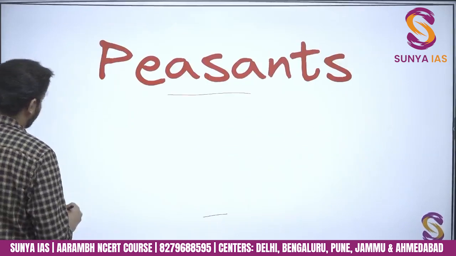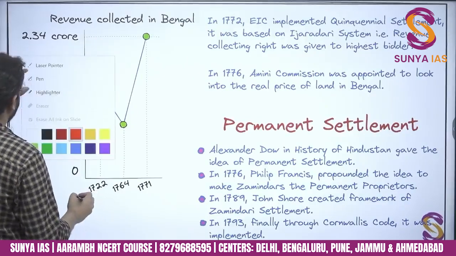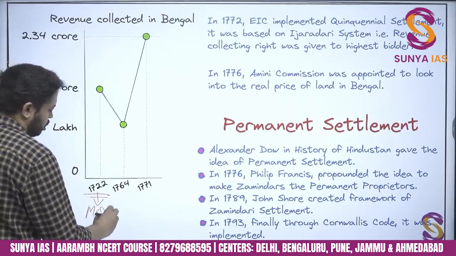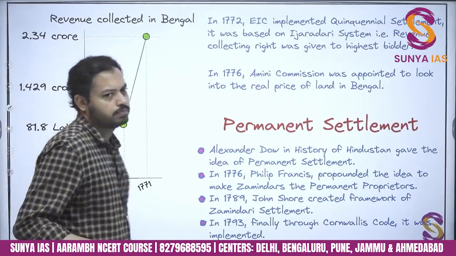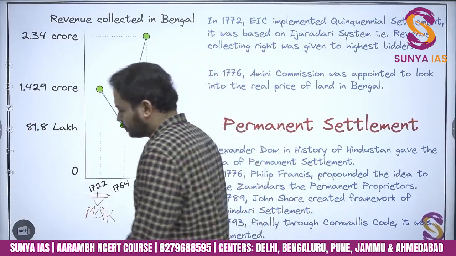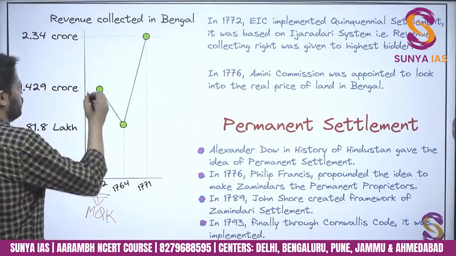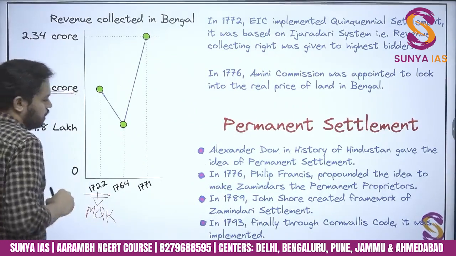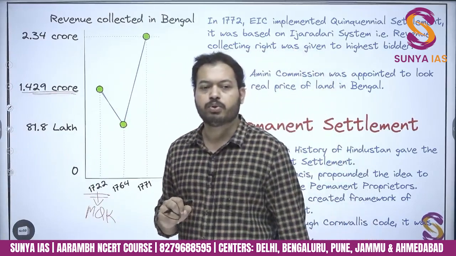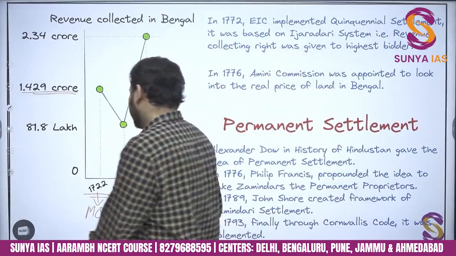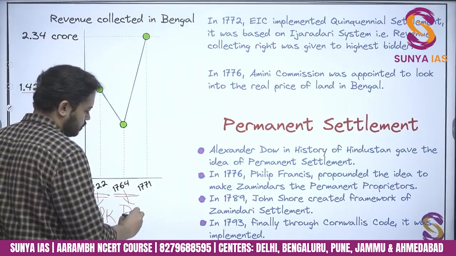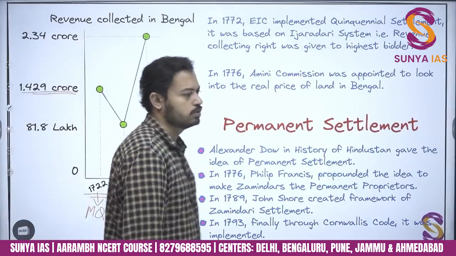For example, in 1722, when Murshid Quli Khan was the Nawab of Bengal, and Bengal was in a proto-industrialist age, the overall revenue collected by the state was 1.429 crore, 1 crore 42 lakh. In 1764, the year the Battle of Buxar took place, the situation was very bad.